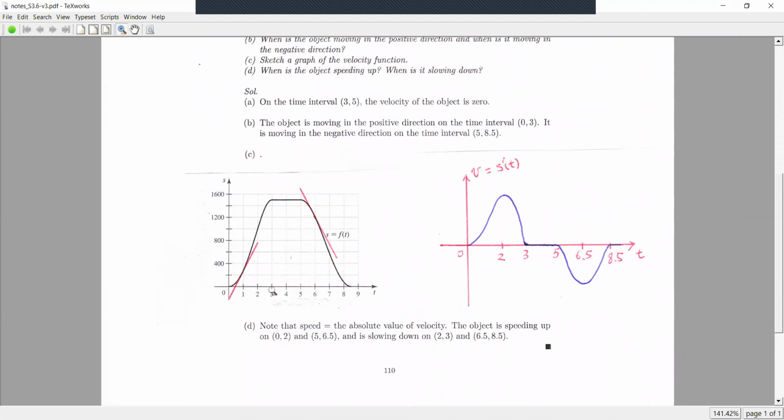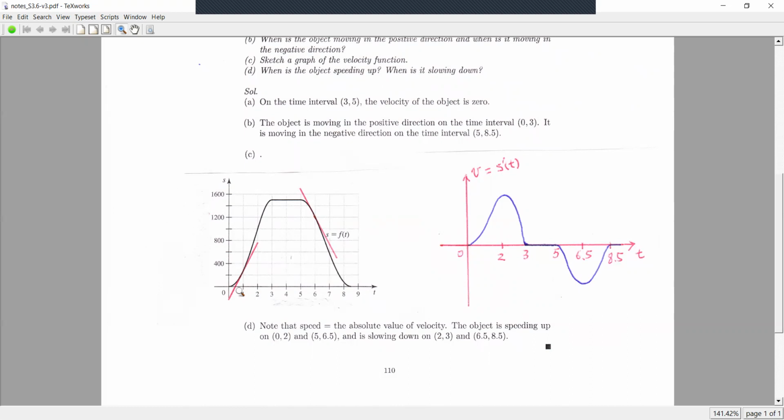Between 0 and 3, the slope of any tangent line is positive. At time 0, the tangent line there is almost horizontal. So when time is 0, the slope is about 0.